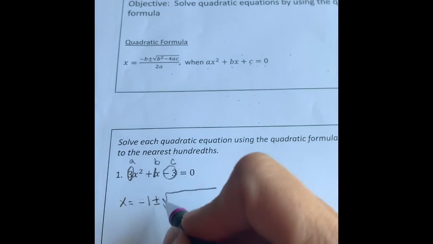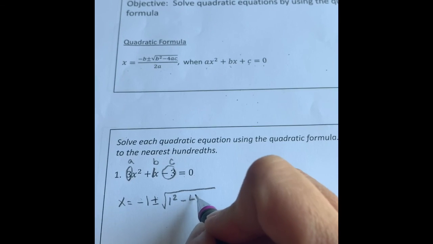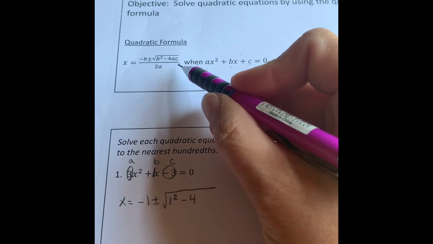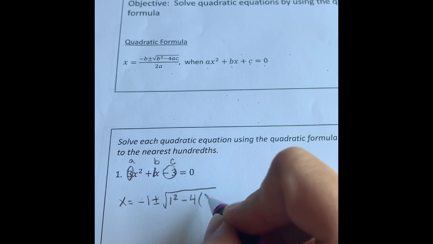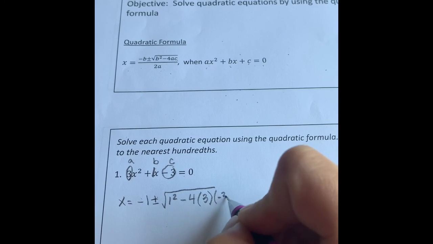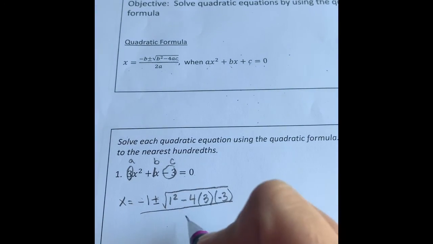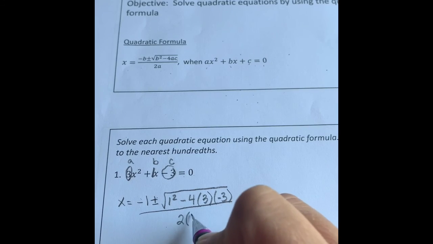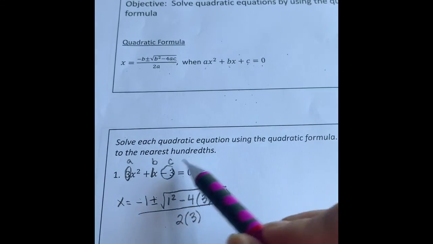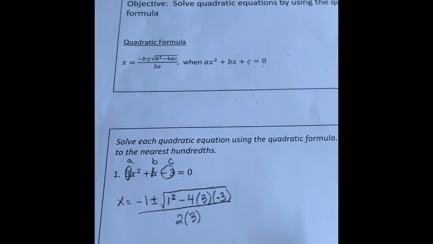So we have 1 squared minus 4, just following the formula again, times A, which is 3, times C, which is -3. And this whole thing will be over 2 times A, which is 3. So again, just plugging those numbers into this formula so that we can find the answers.